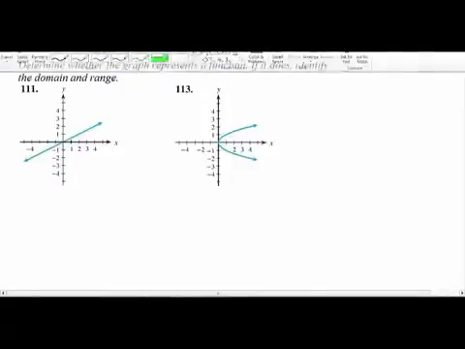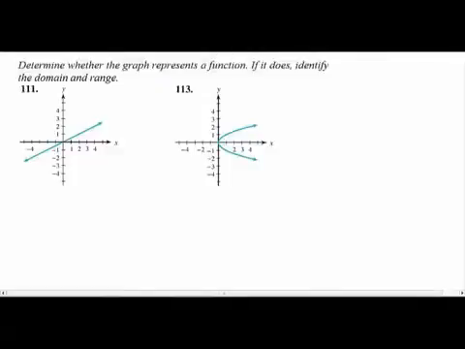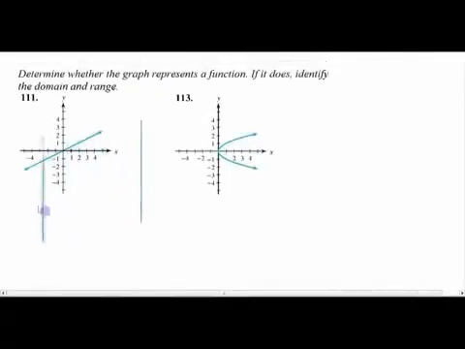Let me draw here a vertical line for you. Take your pencil and roll it across your graph. Does the line ever touch more than one point at a time? It doesn't ever here. So this passes your vertical line test.